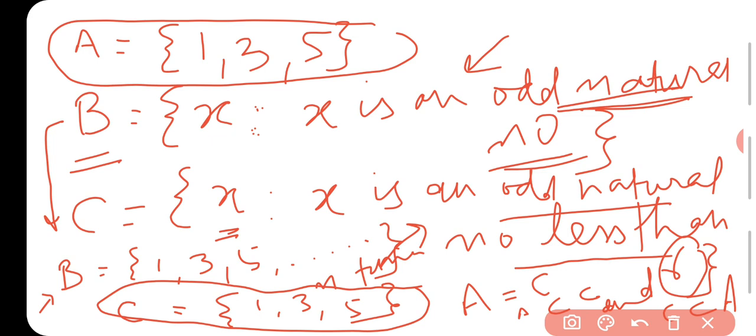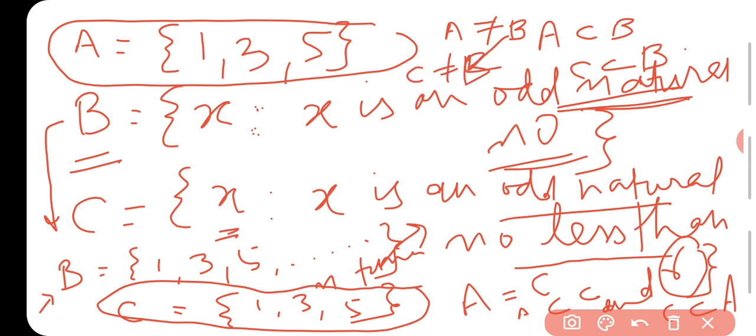It means both A and C are subsets of B. A is a subset of B and C is also a subset of B. It means A is not equal to B, and C is also not equal to B, but A and C are subsets of B because the elements of A and C, which are 1, 3, 5, appear in set B as well. I think this is clear to all of you.